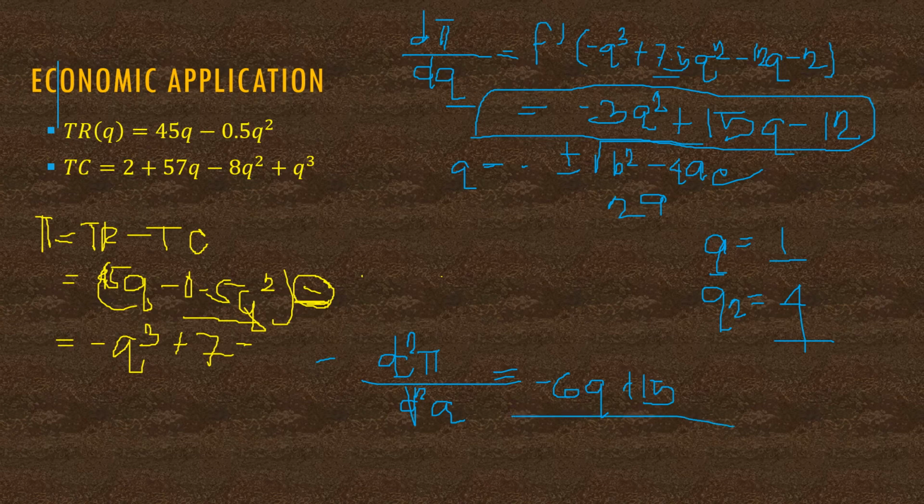Now, since we have two quantities already, you have to substitute the two quantities into the function. So if you substitute Q1 here, negative 6 times 1 is negative 6, plus 15 will now give you 9. Okay, positive 9, which is greater than 0. Next is the 4.